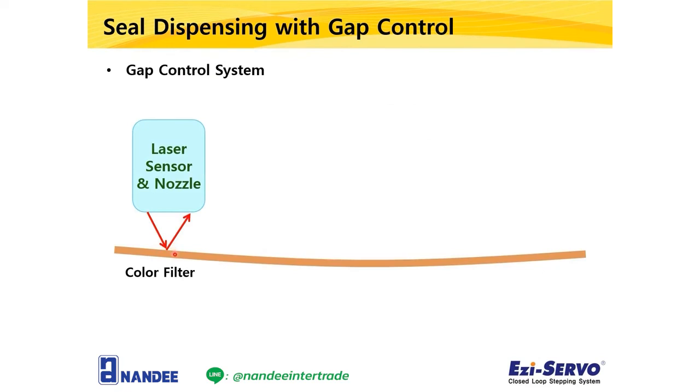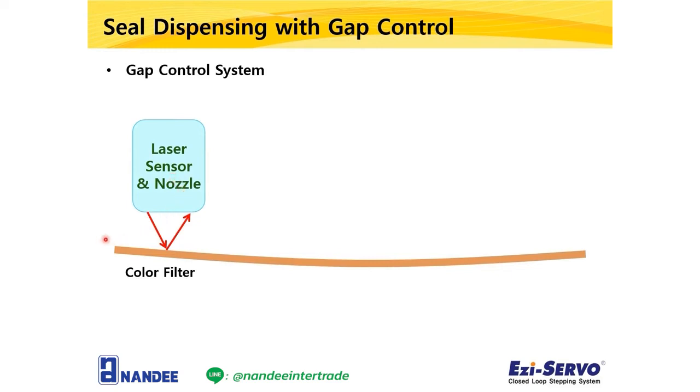In order to dispense a certain amount, the distance between the color filter and the nozzle must always be constant. In other words, since gap control to keep the distance between the nozzle and the filter constant is necessary, an expensive laser sensor is applied to this part.